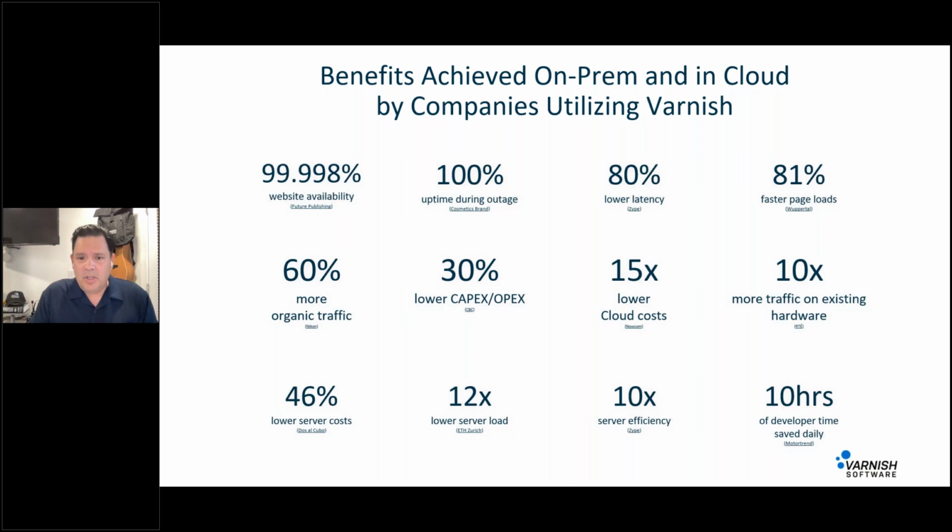So you see 15x in the middle. That was one of our customers, Nowcom, 15 times lower cloud costs by implementing a caching solution. You see that there's 80% lower latency by Zype. You see 12 times lower server load by ETH.